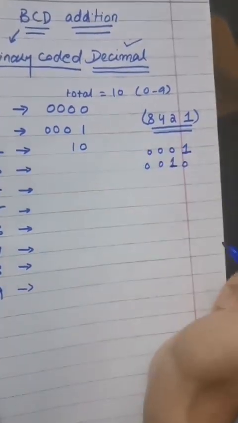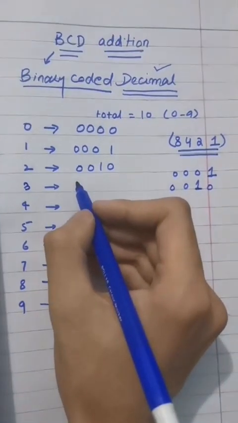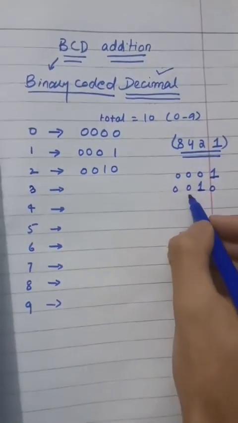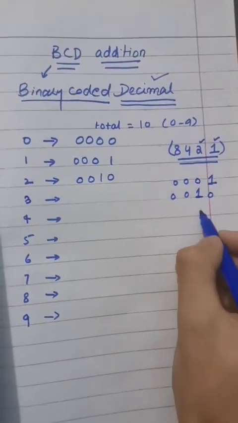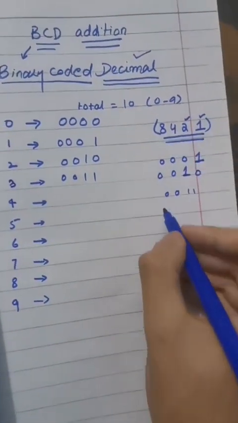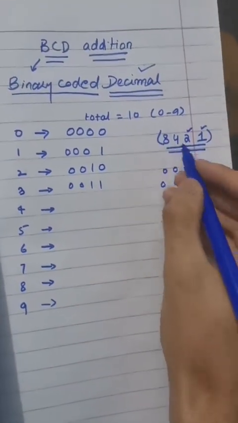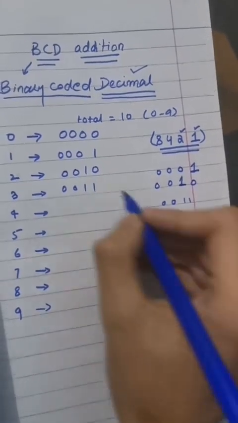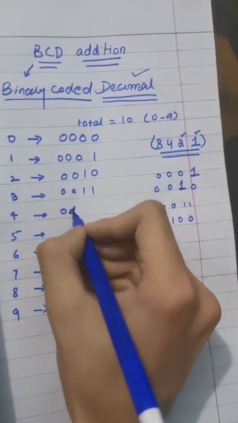You know that the binary of 2 is 10. To make it 4-bit, we just have to write two zeros before it. So for 3 we have these two bits on, so 0011. Now for 4, I just have to make this bit on and all the other bits off.